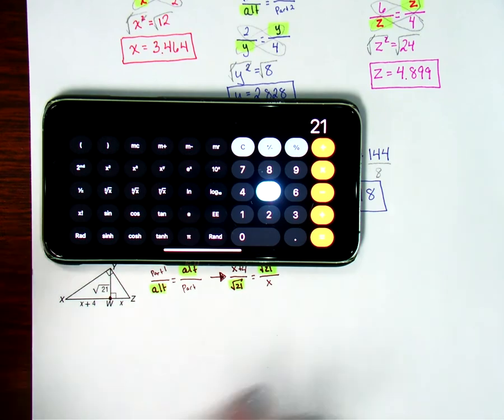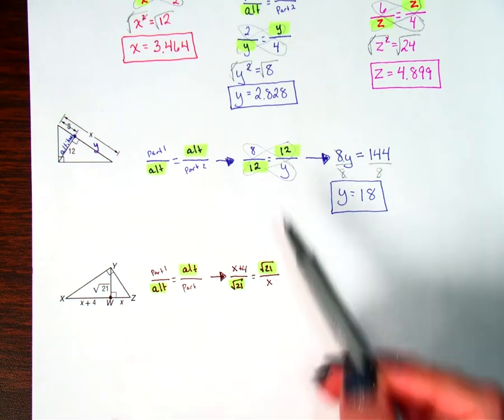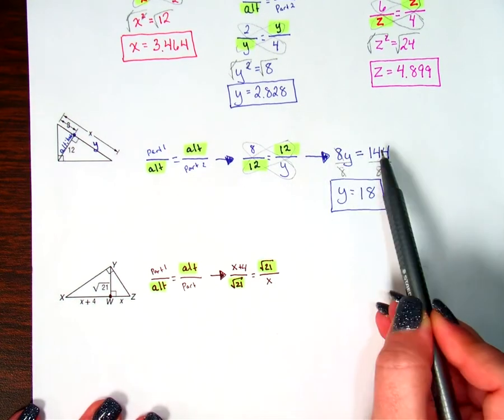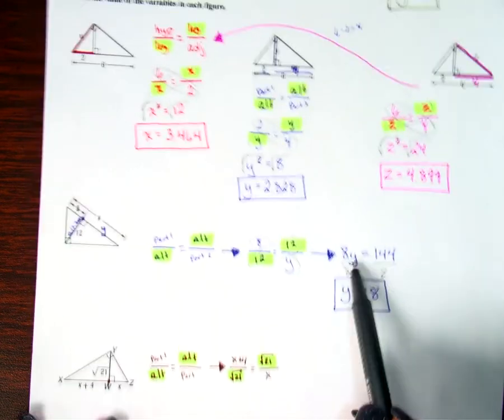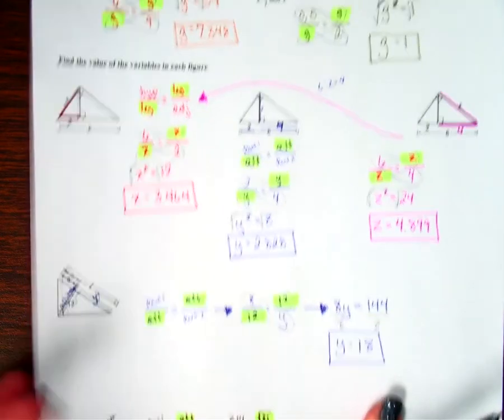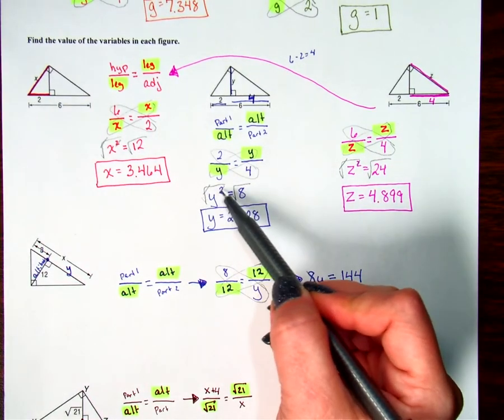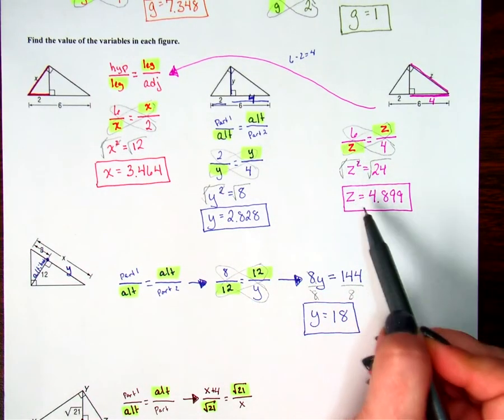Because when I multiply the square root of 21 times the square root of 21, remember it's 12 times 12, which is 12 squared, 144, right? Or here it was y times y, which was y squared. When I square a square root, my square and my square root cancel.